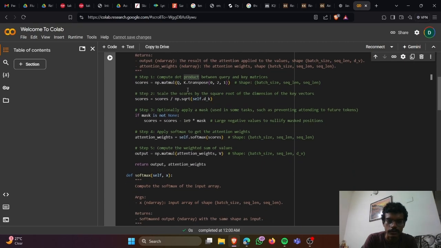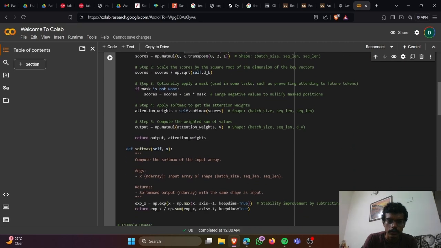Then you can see this step is optional because this step just nullifies masked positions. This becomes important in certain NLP tasks where you have to ignore future tokens.